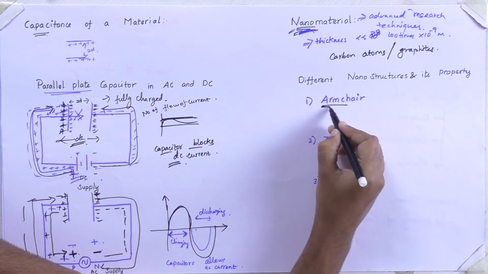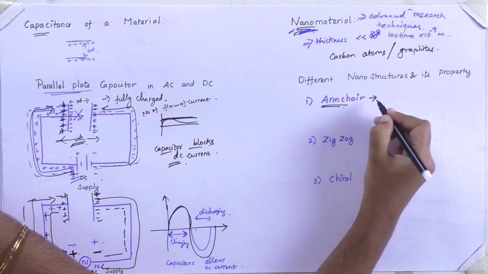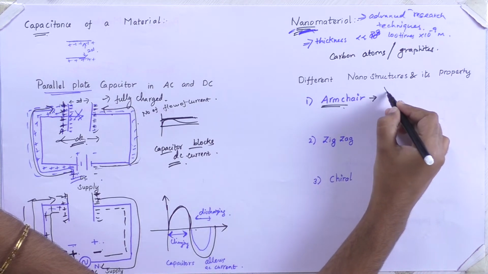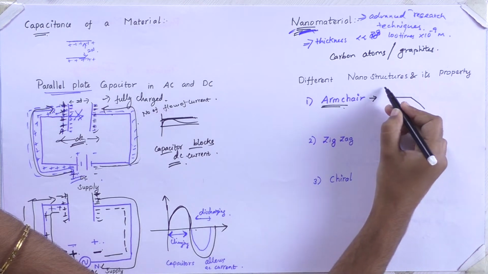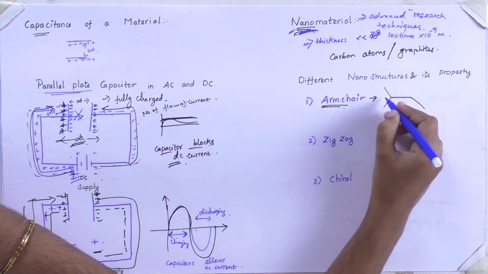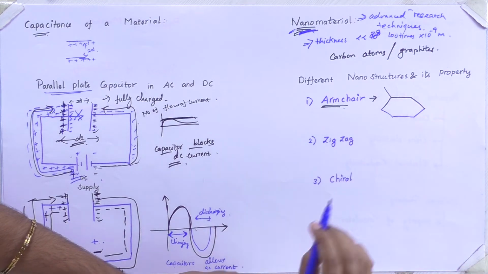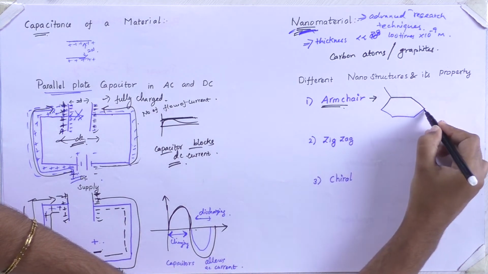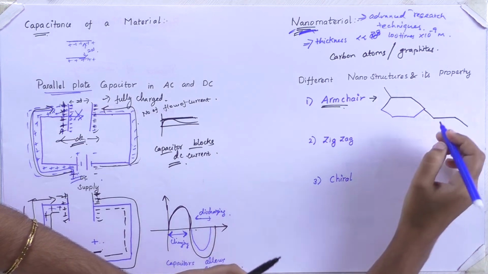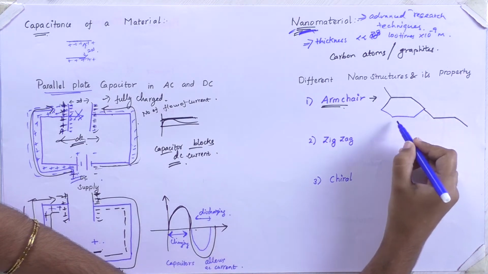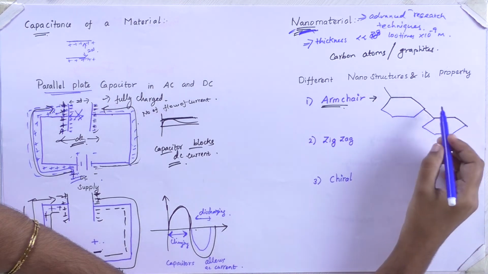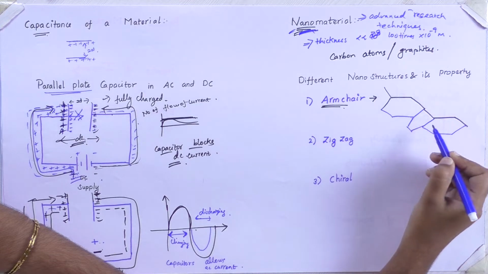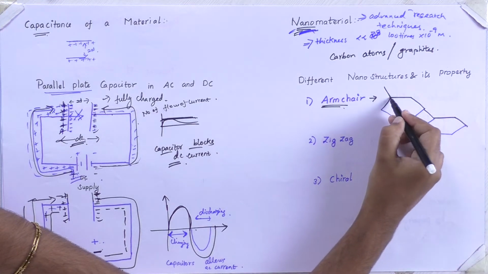The conductivity of nanomaterial depends on nanostructures, as I said. The first structure is the armchair structure. The carbon atoms are formed in the shape of an armchair. As we know, the carbon atom has a six-sided structure, so the layer will be like this.